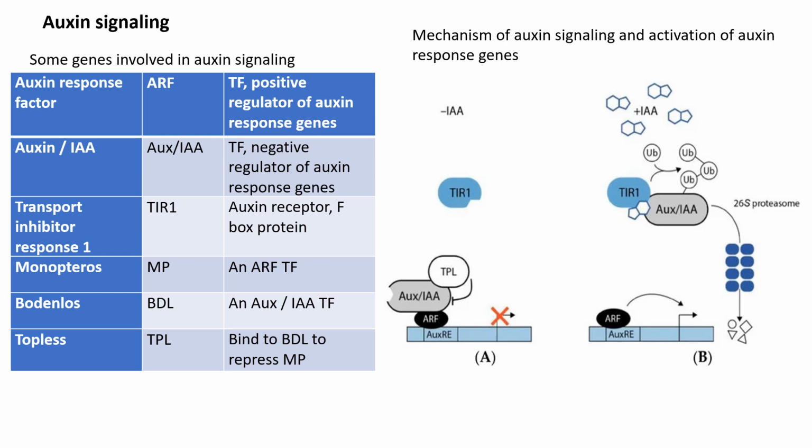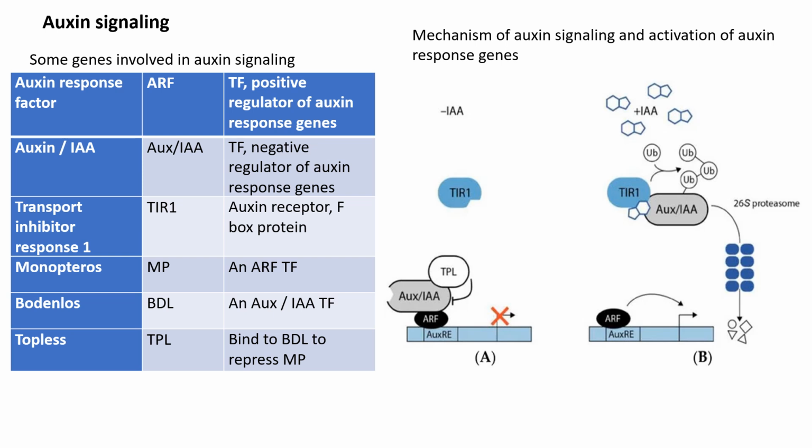The Topless is further going to repress the activity of the ARF genes. The auxin receptor TIR1 lies vacant in the absence of auxin, and hence the auxin response genes are in a default shut position.